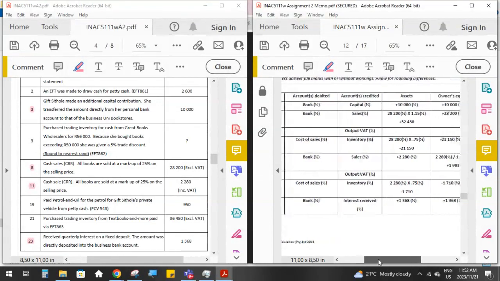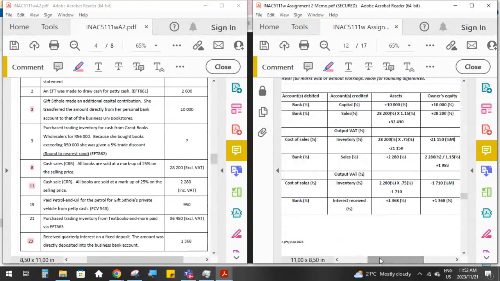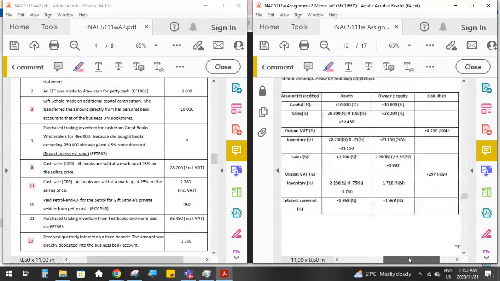Okay, so I'm going to go past the date column because we know what those ones are. We need to know what the name of the account is that will be debited and credited, and then we need to know the rand value by which assets, owner's equity, and liabilities will increase or decrease.